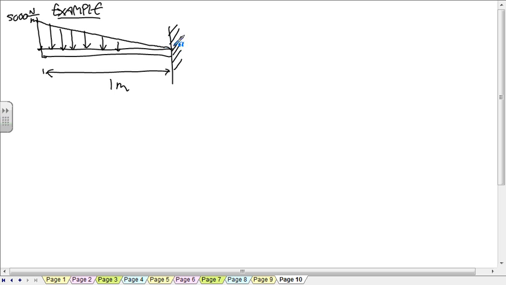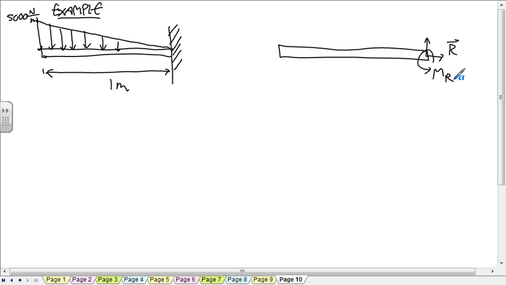We don't have to calculate this external load because it's never going to come into the problems. So we have some force here we don't care about, some couple here we don't care about. We have this distributed load, so let's figure out how many cuts we have to make first.